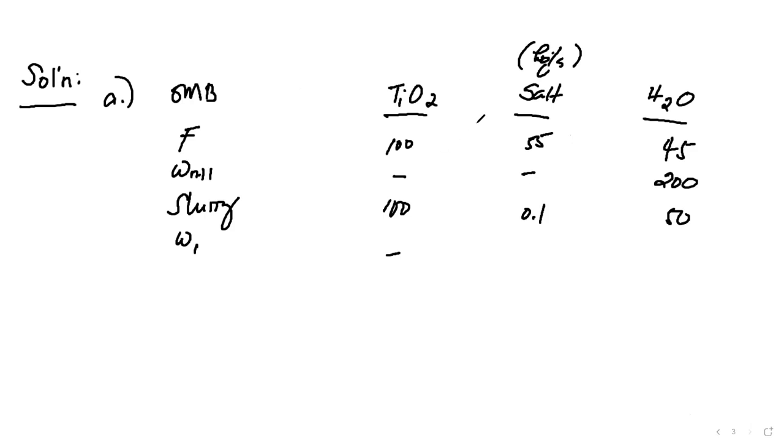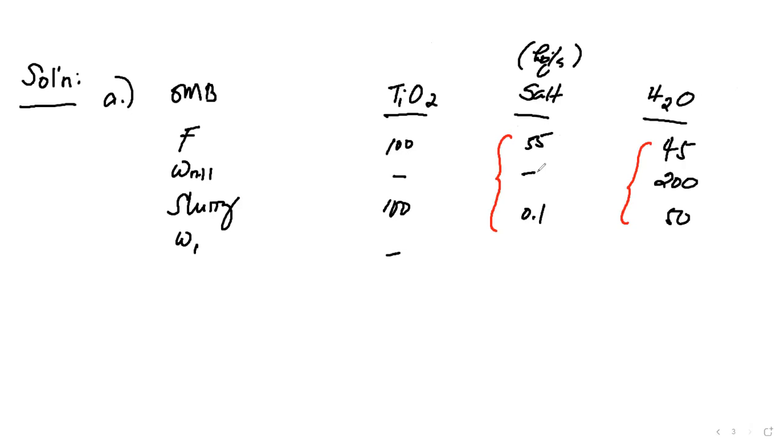And just like what we did in our sample problem number 3, the last values here for the two columns will be processed using material balance for the first three. So you use this one and this one to find the value that you'll place here. F is entering our system, slurry is leaving our system in terms of the salt present.